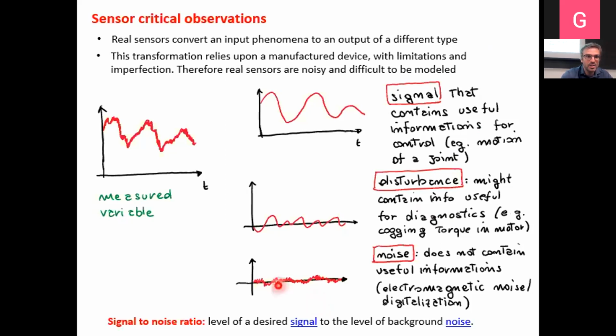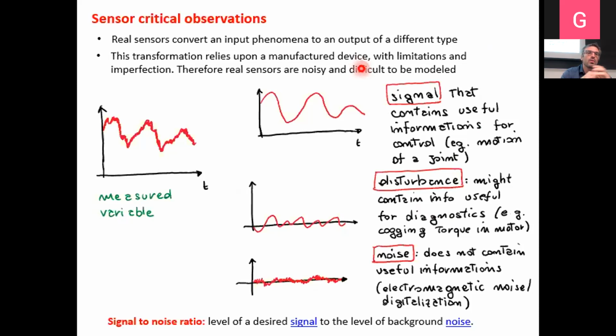And so as you see, real sensors have limitations that are due to the fact that the components they are built upon are imperfect, and there is noise in the environment.